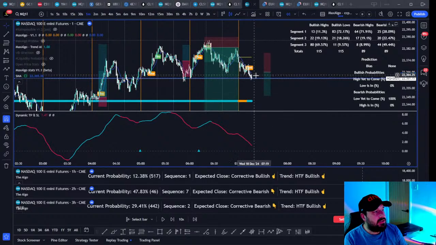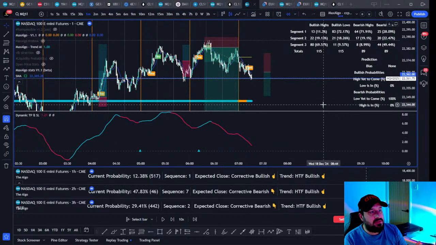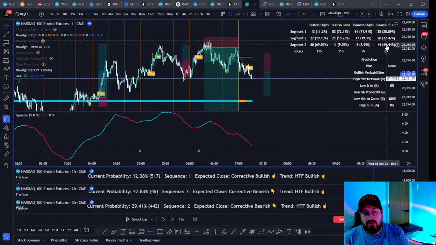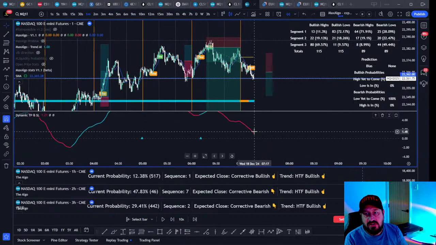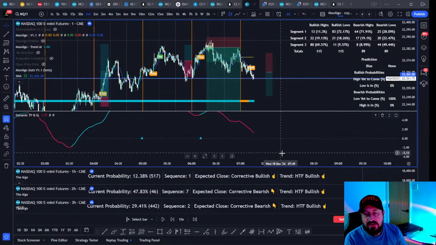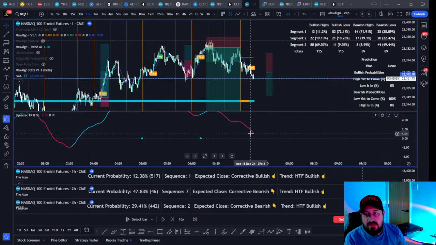We've got probability that this is our high. We've got probability that price is going to go down. We've got probability that it's more likely the low's going to be further on in the hour, which means dynamic TP is going to have to come down further. If it's going to come down further, it's going to cross the zero line, right? So we're reading what could happen.